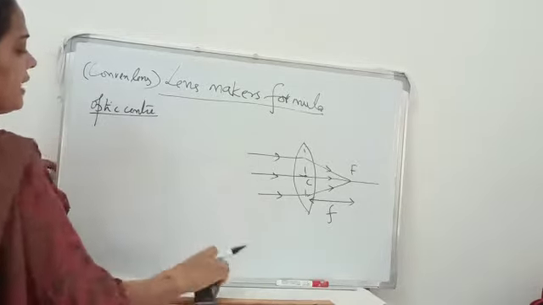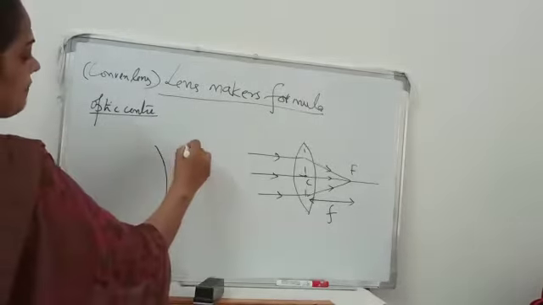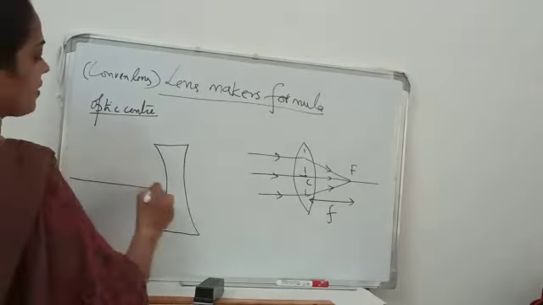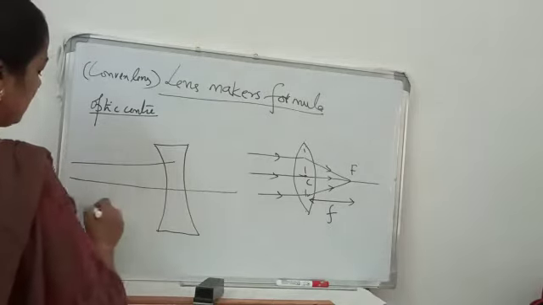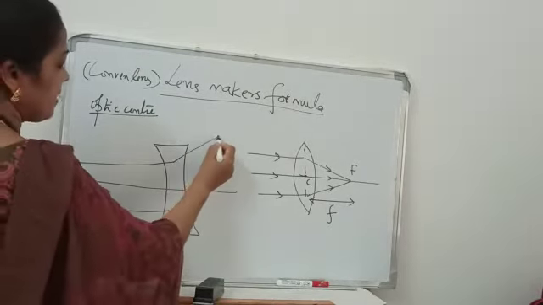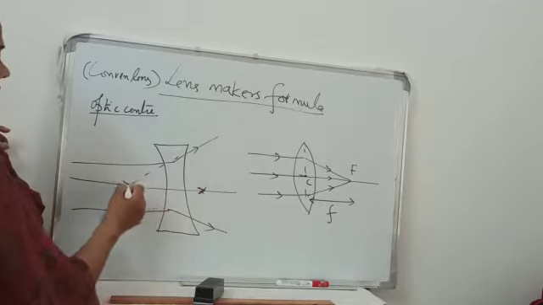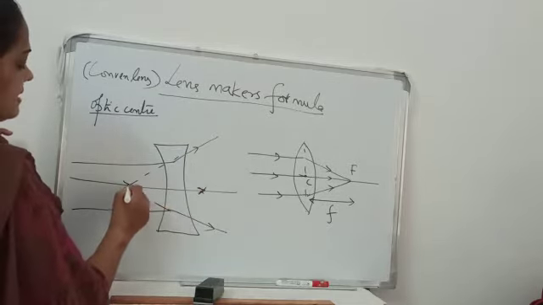Similarly, for a concave lens, parallel rays of light after refraction from the concave lens appear to diverge from a point on the principal axis.